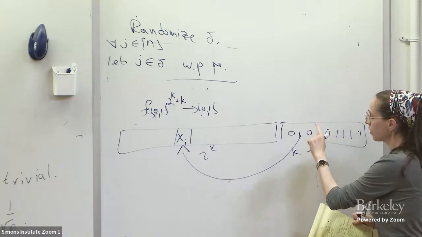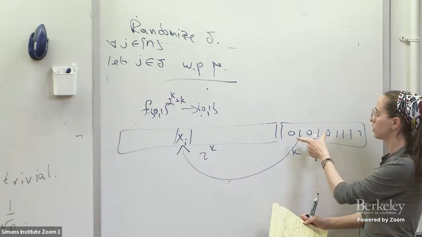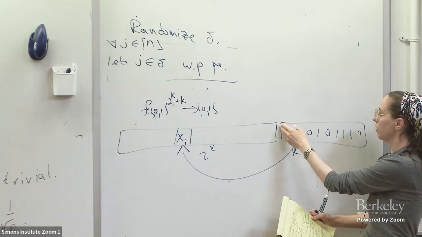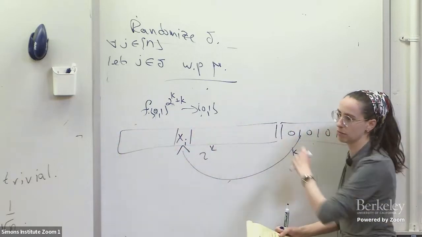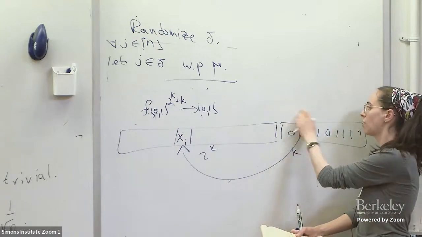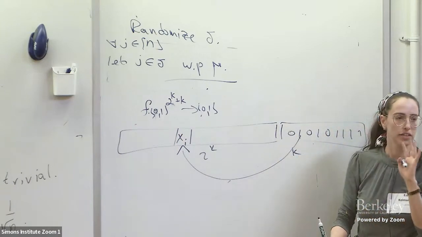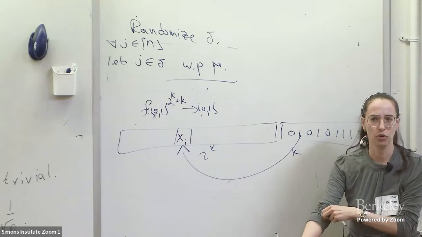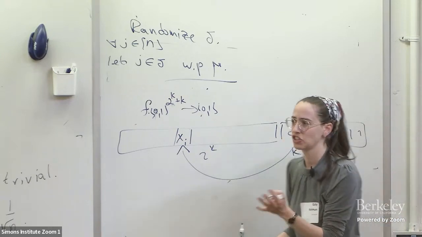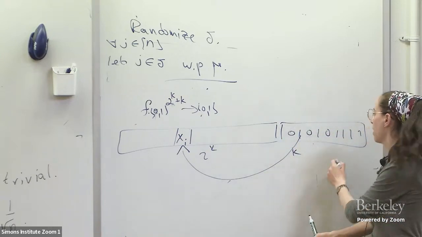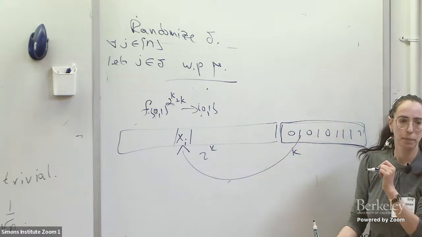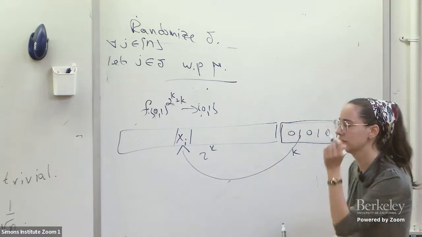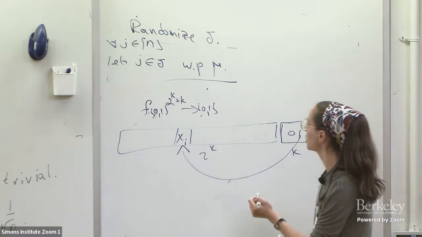And if you think about restriction, let's say that we take J to be the first 2^k many variables, and then we fix some address, then we end up with a function that's called, how? This is just a dictatorship, okay? So what is a dictatorship?